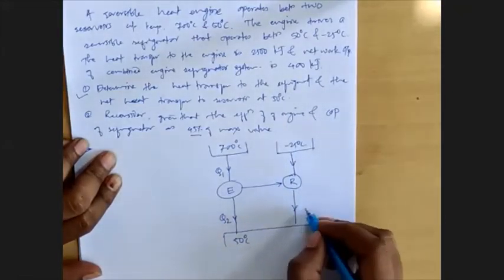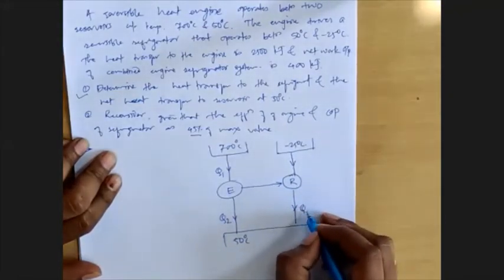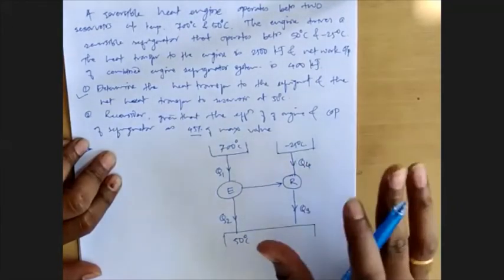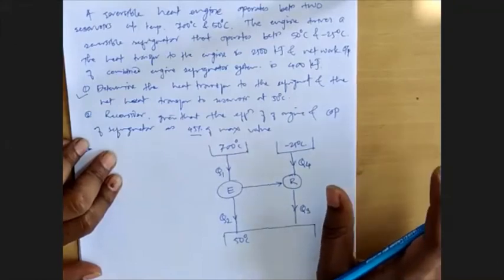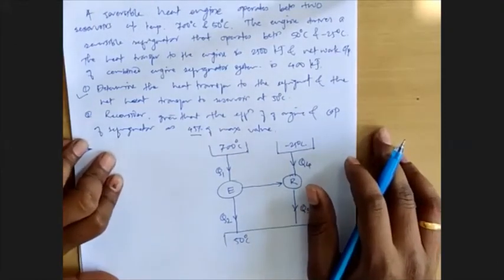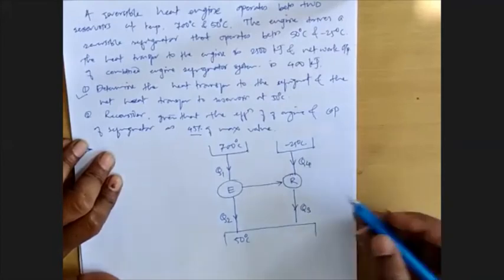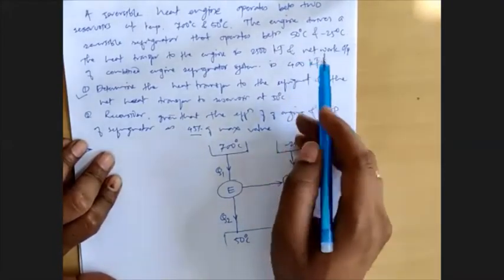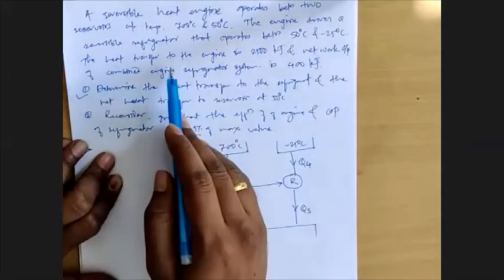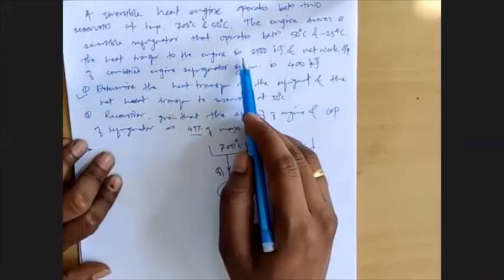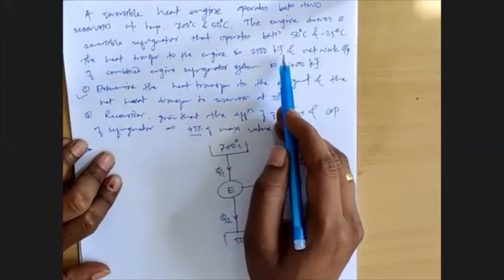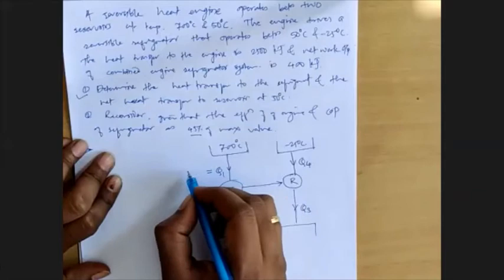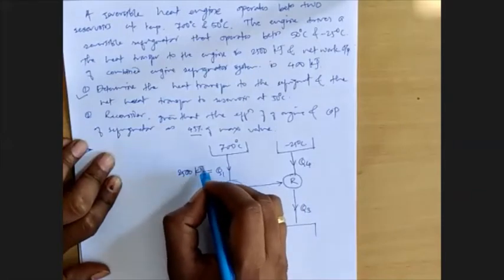Let's consider this one as Q3 and this one as Q4. Nomenclature could be anything; you need not worry about it. Now, the heat transfer to the engine is 2500 kilojoules, so Q1 is given as 2500 kilojoules.